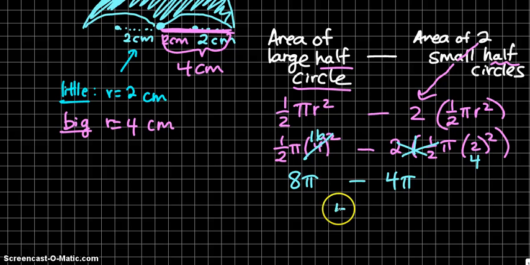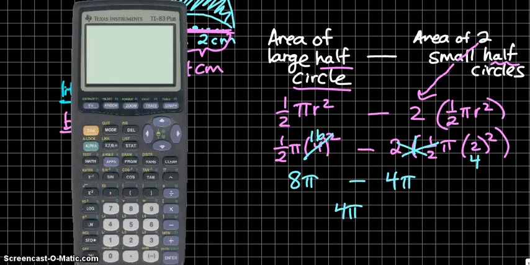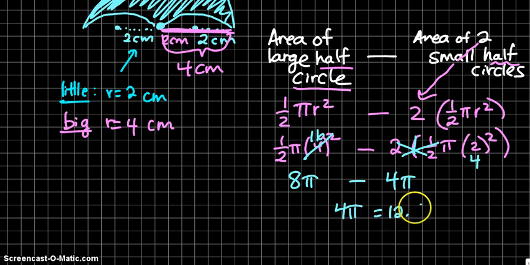And my answer is going to be 4 pi, or 4 times 3.14, and it's 12.56 then. This time I was able to find an exact answer and an approximate solution.